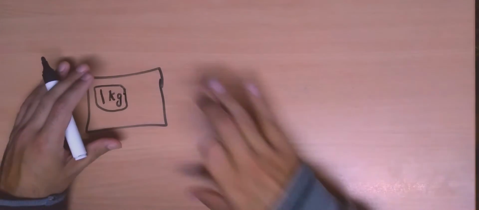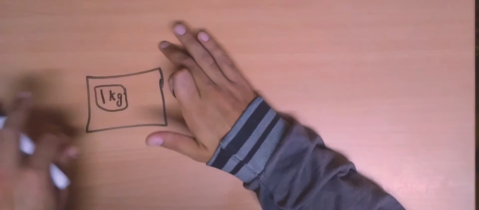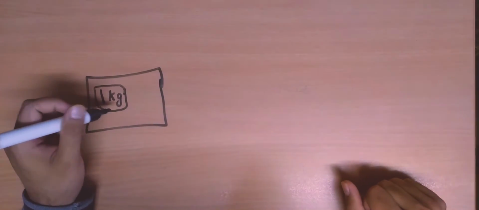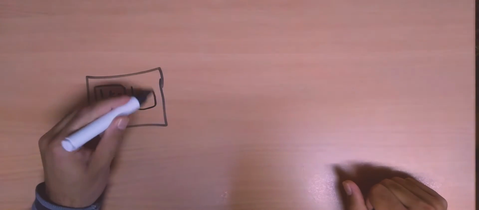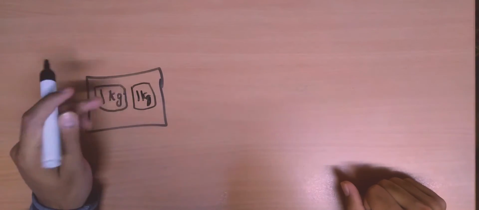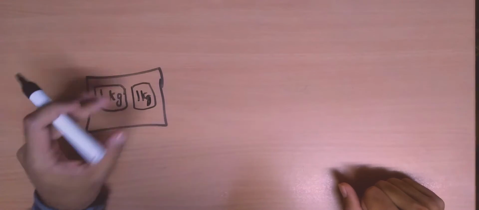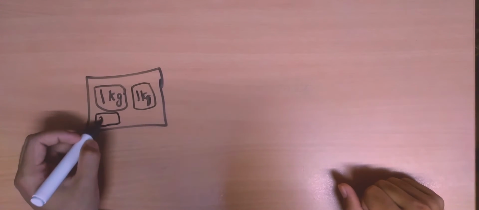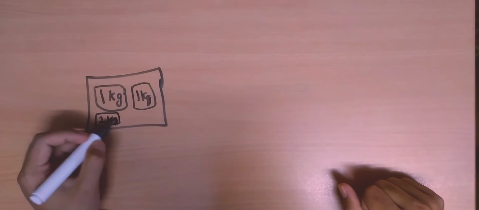The total mass of this box, ignoring the mass of the box itself, will be 1 kg. Now let's say I put in another 1 kg block. Now the mass of this box becomes 2 kg, right? I can add 1 plus 1, 2. I can add another block of, let's say, 2 kg this time, and I get 1, 2, 3, 4 kg.